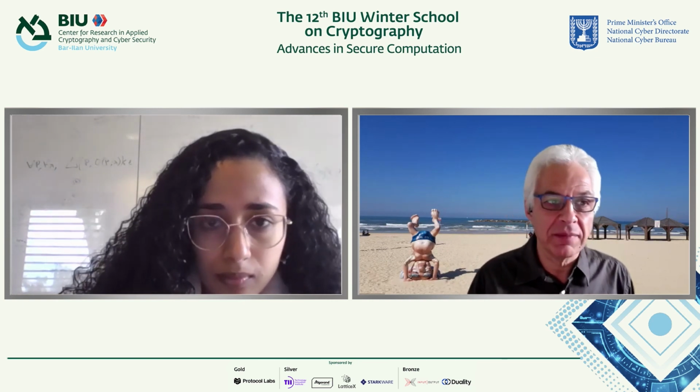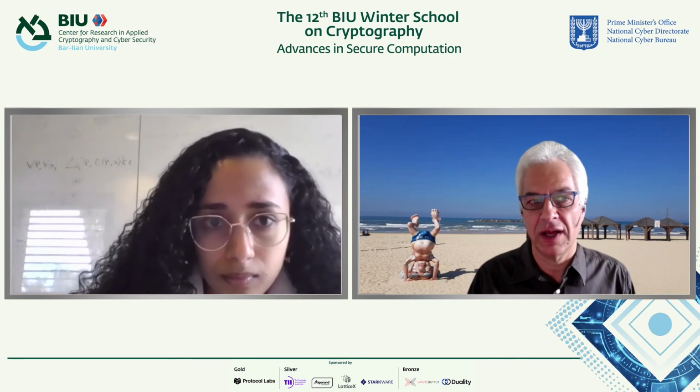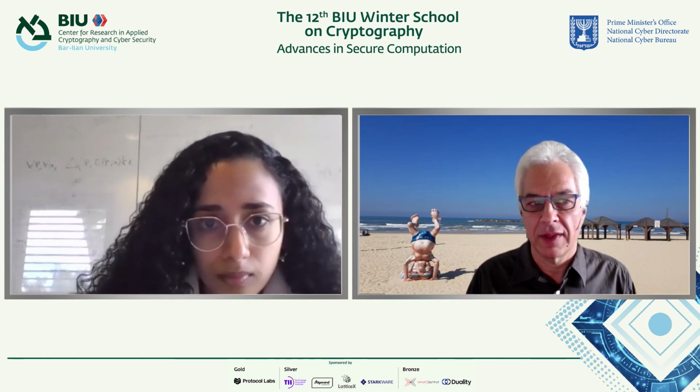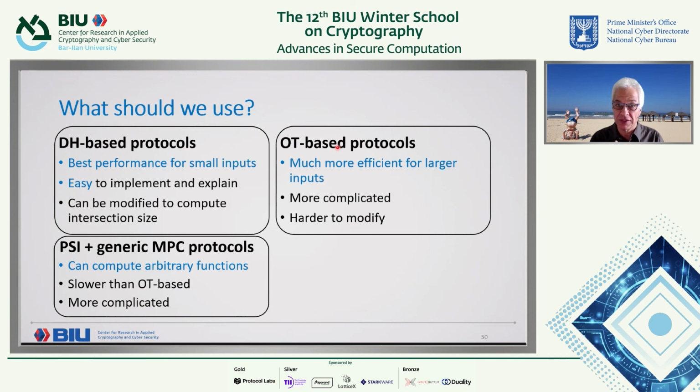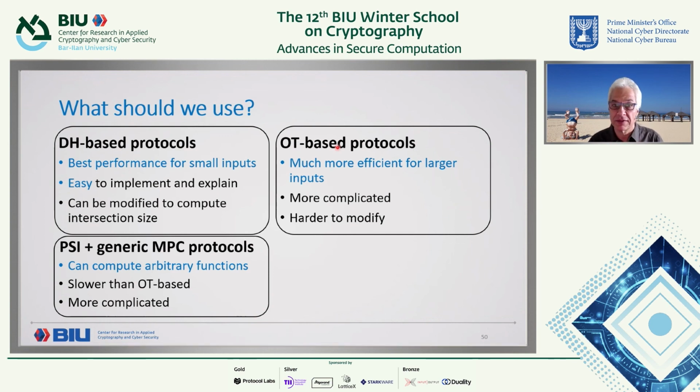So actually, the Diffie-Hellman-based protocols usually don't need it. Why did we need the probabilistic analysis? Because we use cuckoo hashing and variants of it. Why did we use cuckoo hashing? Because it's better than hashing. Why did we use hashing? Because with Oblivious transfer, we have a very efficient OPRF protocol, very efficient pseudo-random functions that we can only evaluate once.